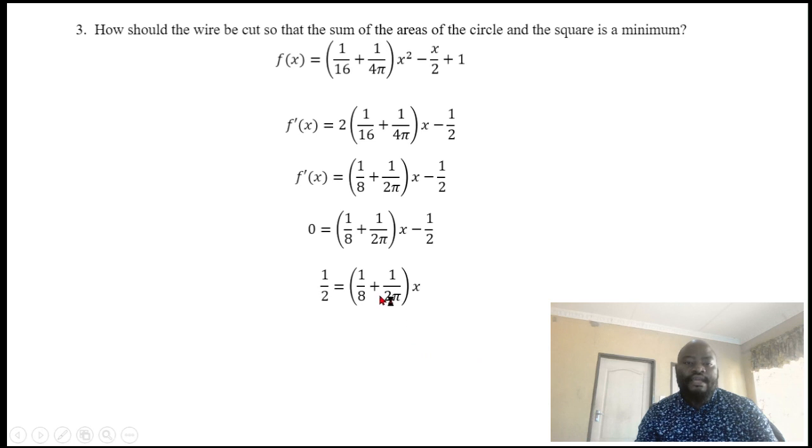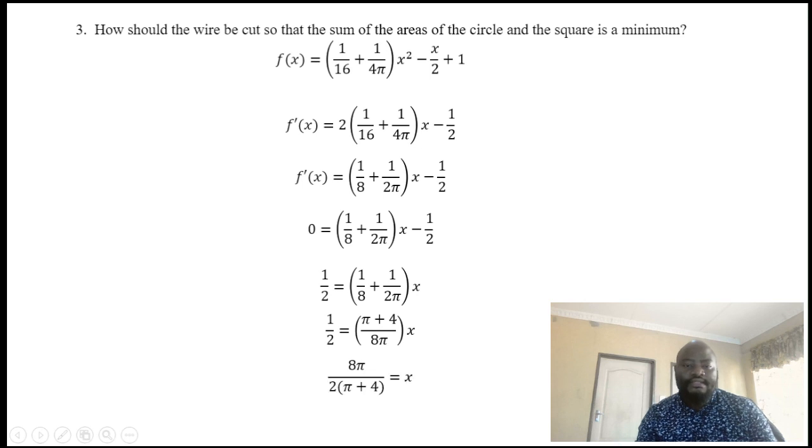Then I want to add these two fractions. The common denominator for the two fractions is 8 pi, and then we'll have pi plus 4 over 8 pi when we add the two. Now we cross multiply, or multiply both sides by the 8 pi over the 4 plus pi.